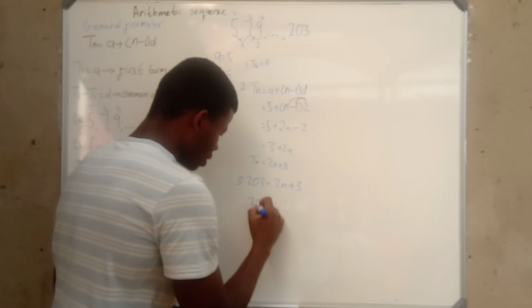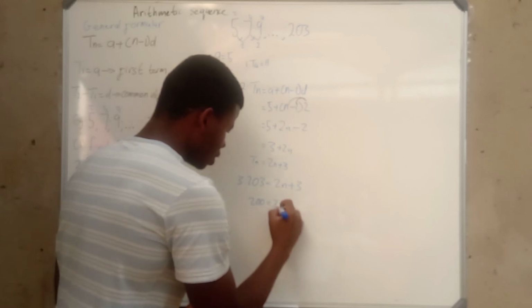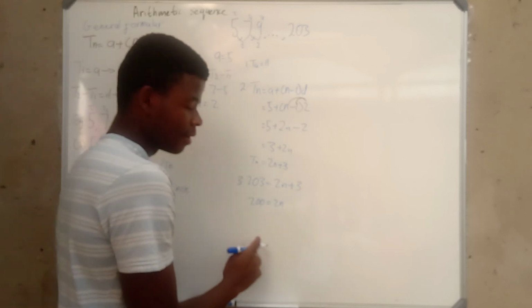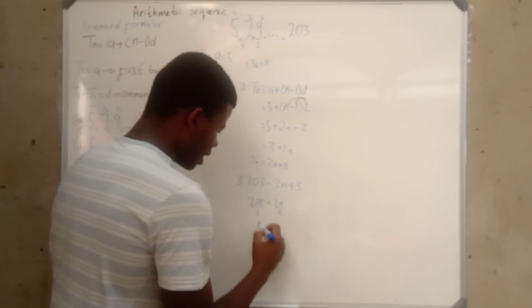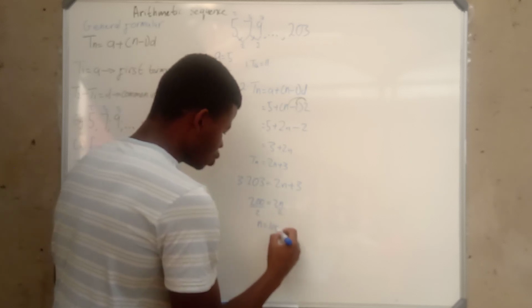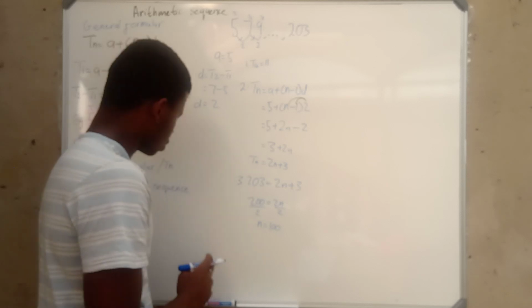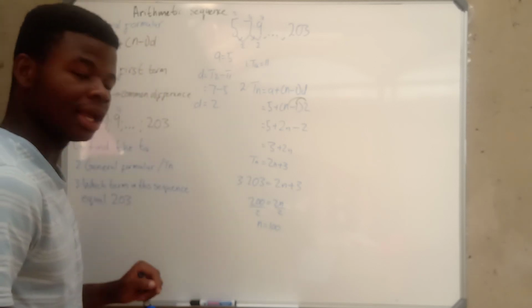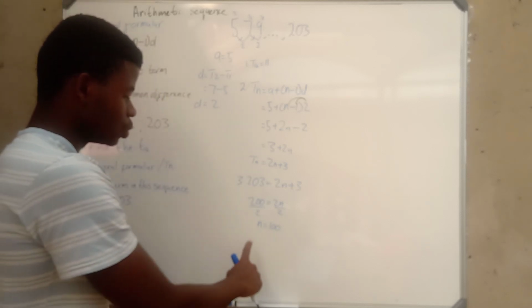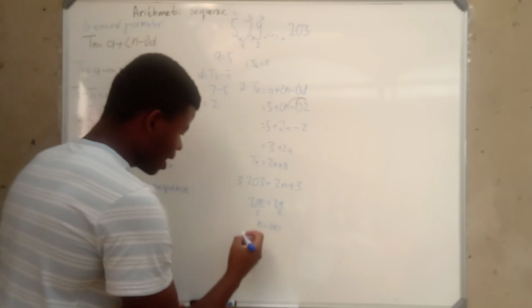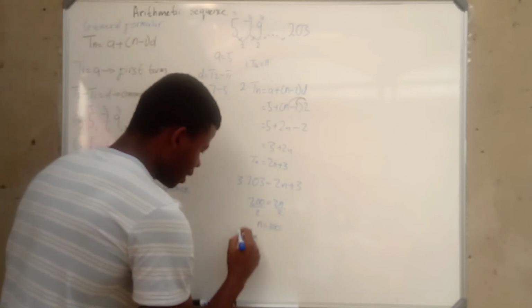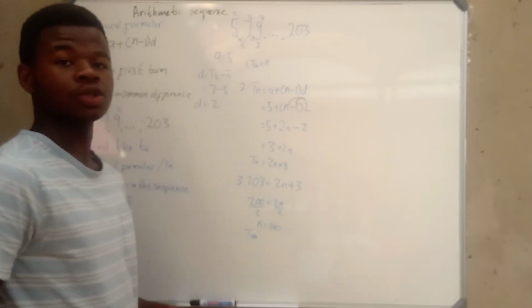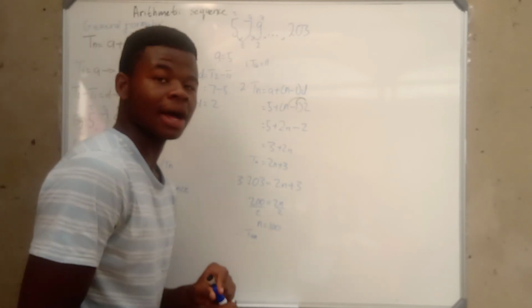We are left with 200 is equal to 2n. Then divide by 2, and n is equal to 100. So 203 is equal to term number 100. You can conclude: therefore, it is term number 100.